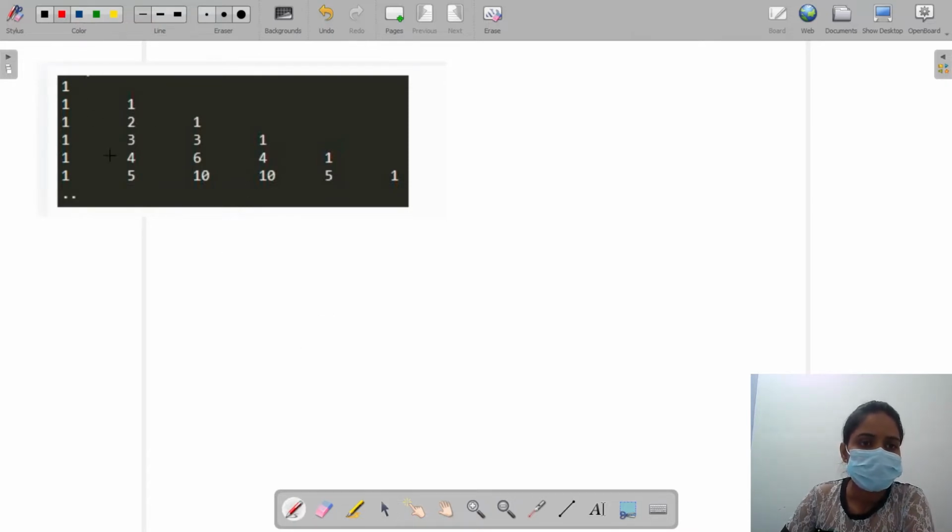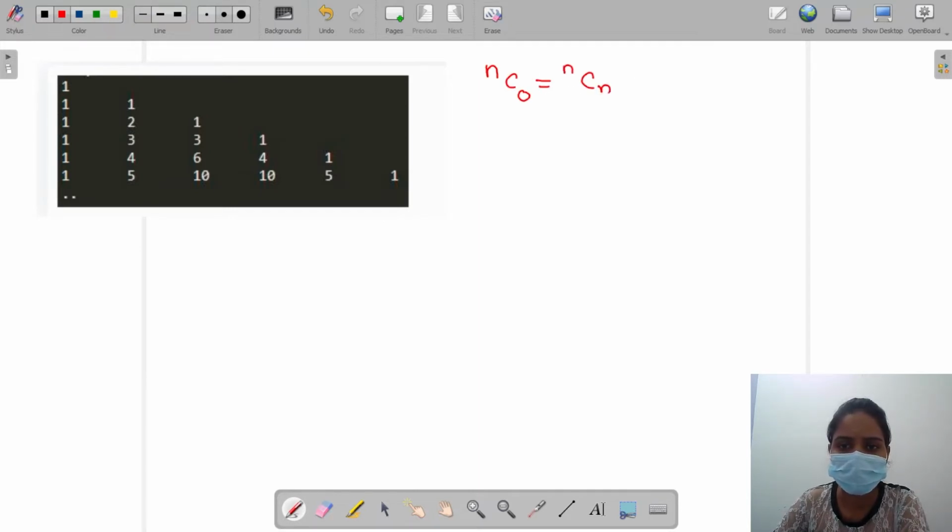Before discussing these things, I want to discuss something else. We know some formulas from lower classes. That is nC0 and nCn, both equal to 1. We studied this when studying permutation and combination: nC0 is equal to 1 and nCn is also equal to 1.